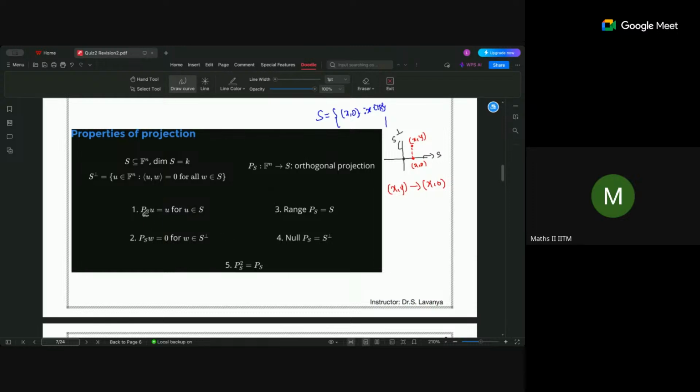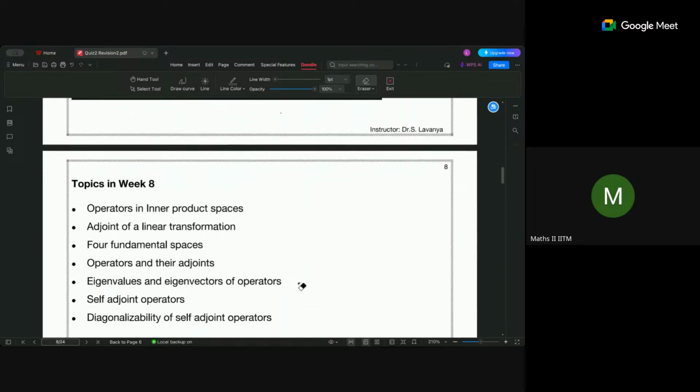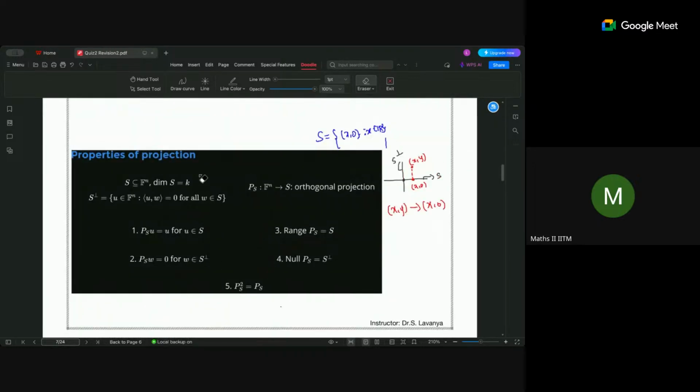For any element v, PS v is again in S, so when you project, you get back the same vector. So we have all five properties for projection. These 5 properties you definitely need to remember if you want to answer any questions on projection.